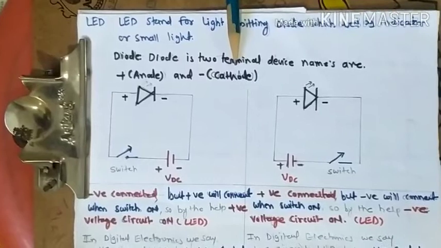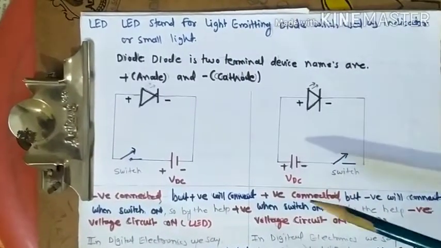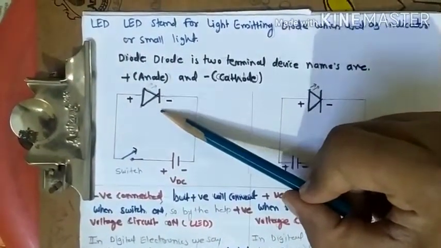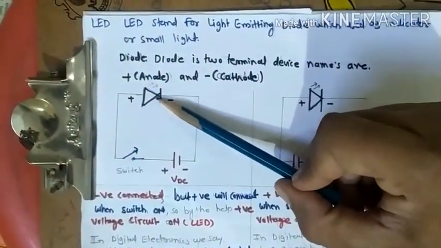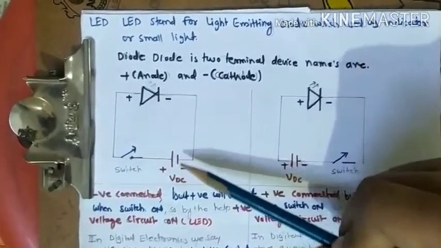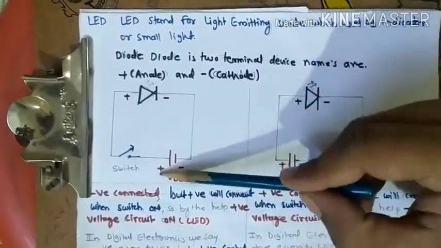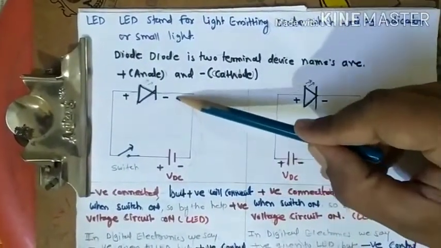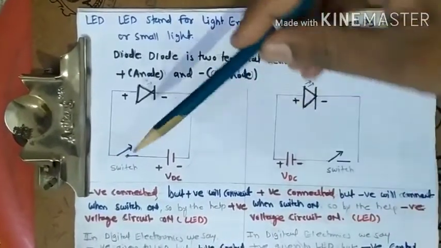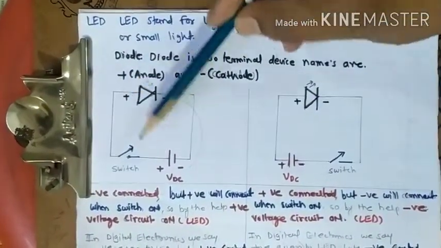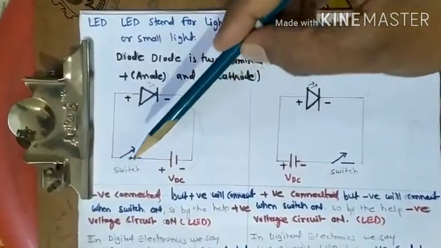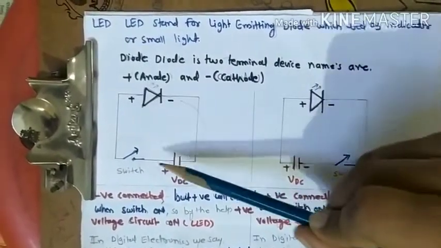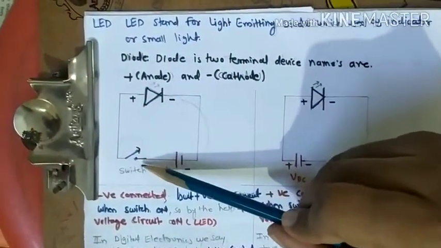See, I am drawing two different circuits here. In the first circuit we join one light emitting diode with a battery. Positive is connected to positive and negative is connected to negative, but the connection of the negative is direct, while between the positive and the anode there is one switch.